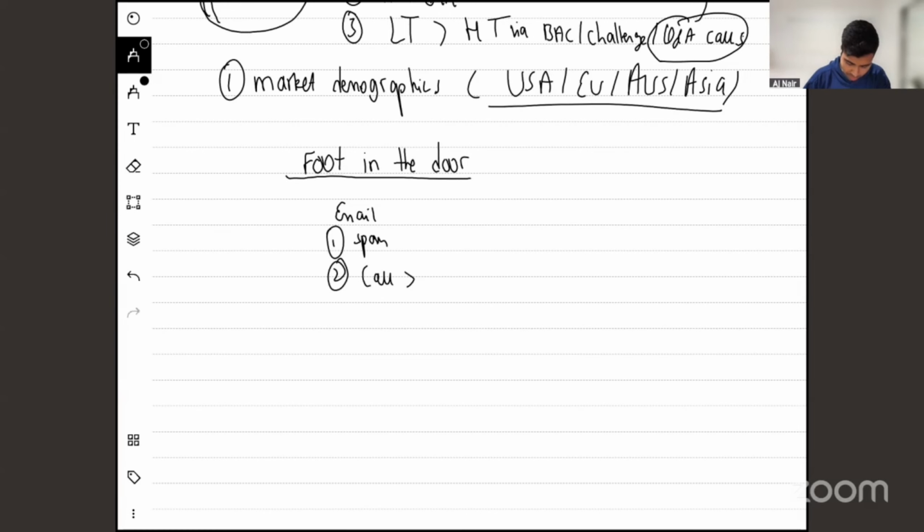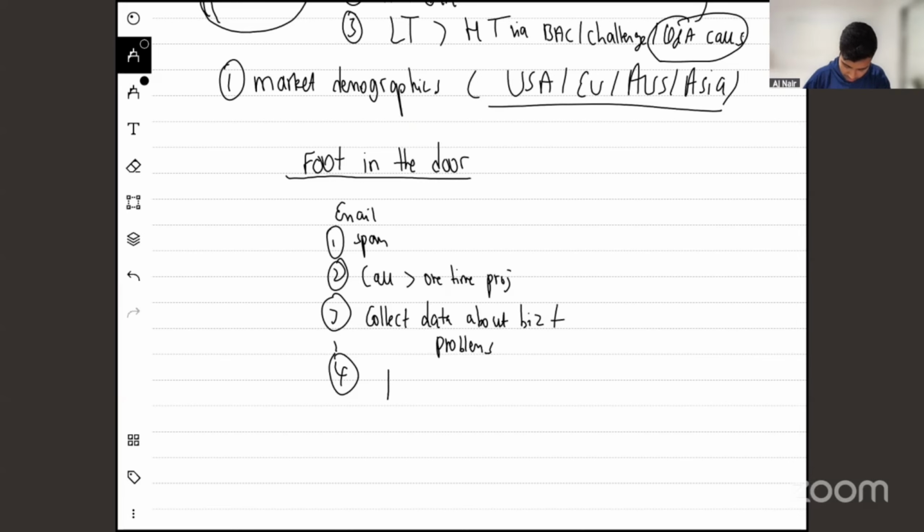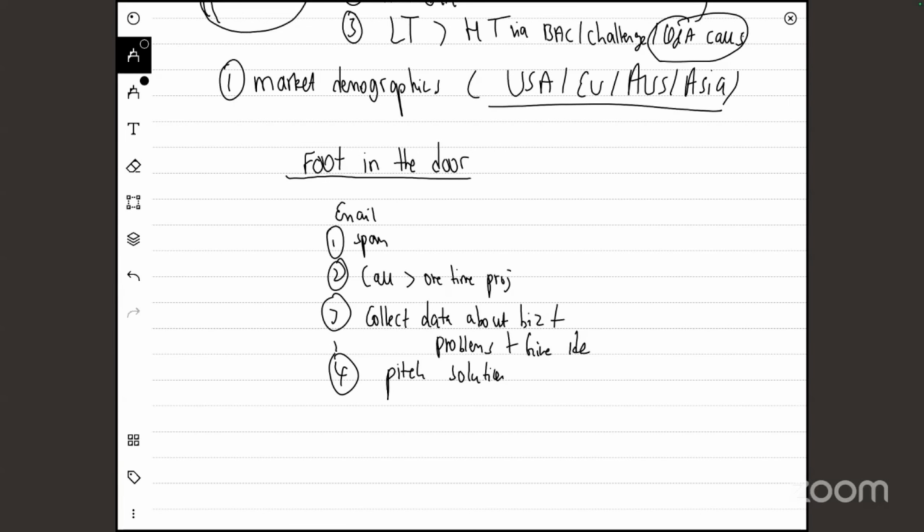You hop on a call with them, you pitch a one-time project, and then you collect data about the business plus problems, and then basically you pitch a solution, give ideas. And so this is the main overview that I would take.